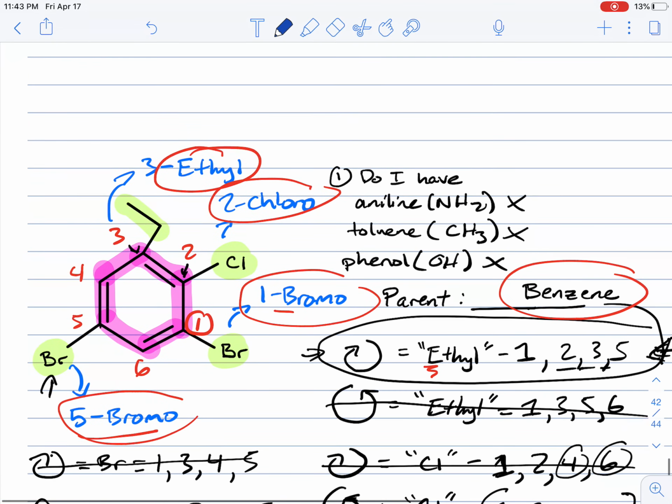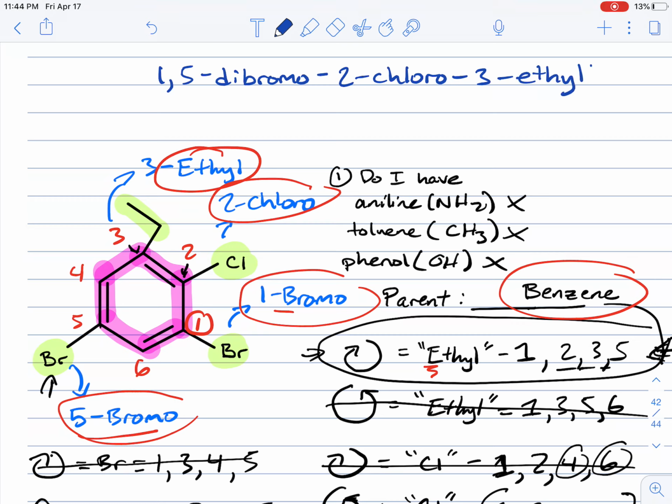And so the final name for this is just going to be 1,5-dibromo, then 2-chloro, 3-ethyl, benzene.